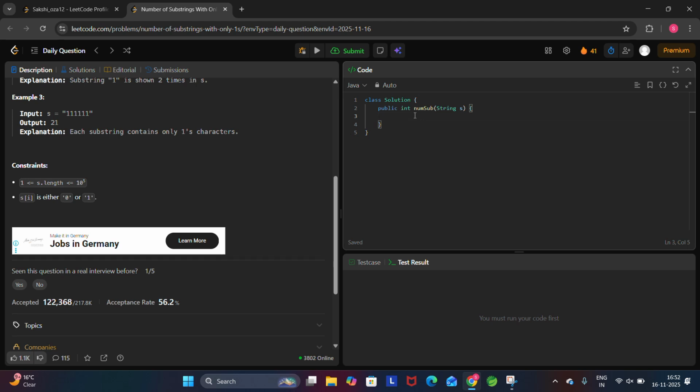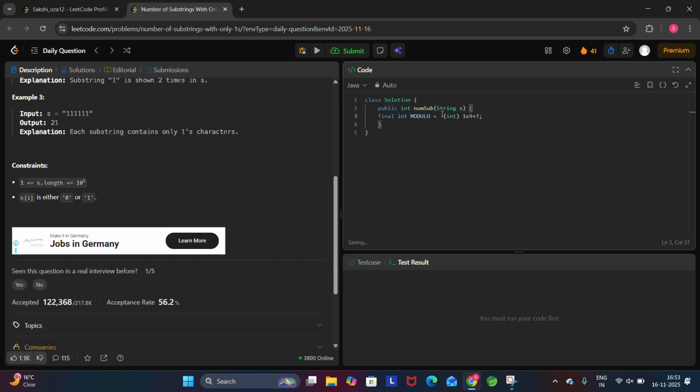So we have already written public int numSub(String s). After that, the first thing we are going to do is define a modulo constant to prevent integer overflow. So here we'll write final int MODULO, which is going to be 1e9 plus 7.